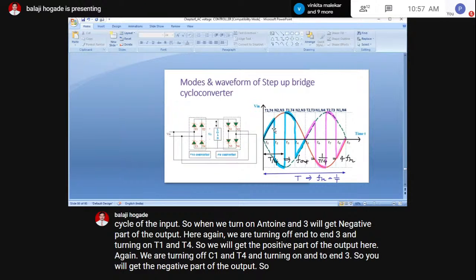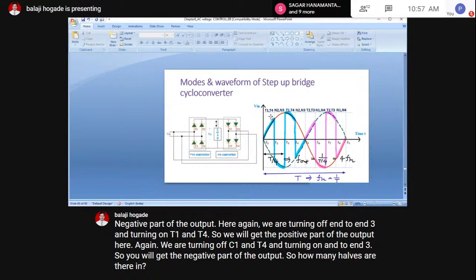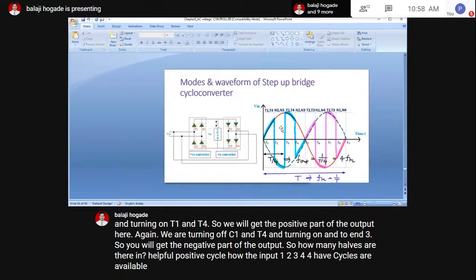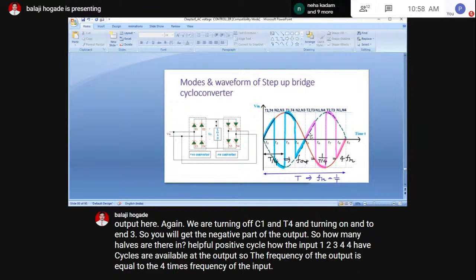So how many half cycles are there in the positive half cycle of the input? 1, 2, 3, 4. 4 half cycles are available at the output. So the frequency of the output is equal to 4 times the frequency of the input. So during the negative half cycle, this sequence is there.